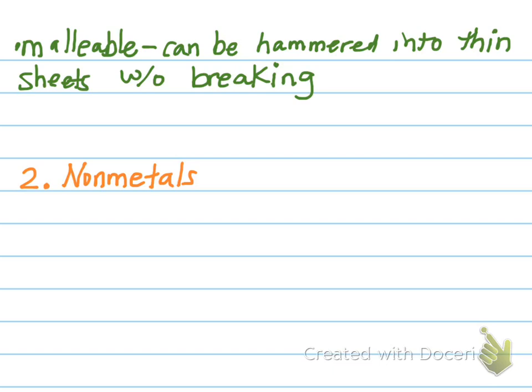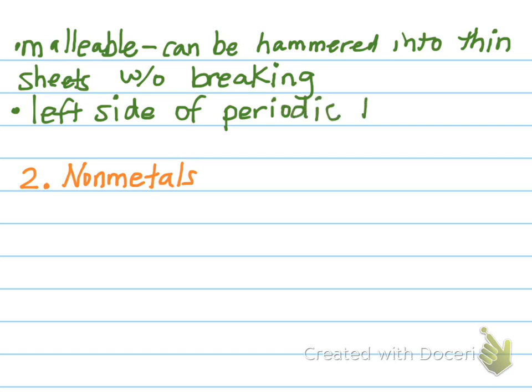So now that you know some properties of the metals, where do you find them on the periodic table? The metals are on the left side of the periodic table. So you're going to find the metals on the left side.